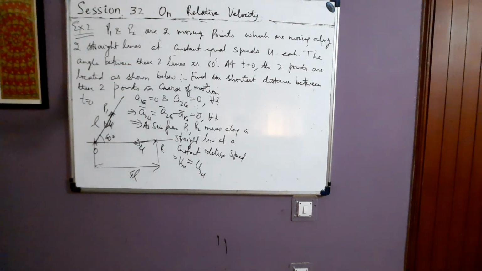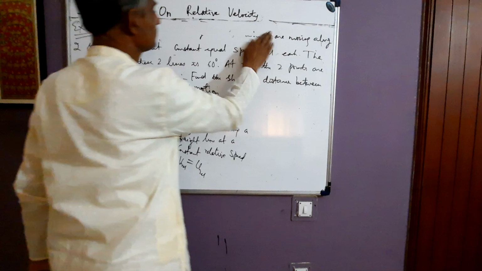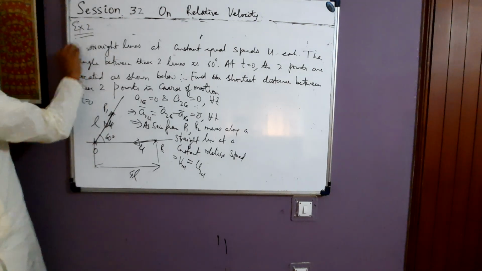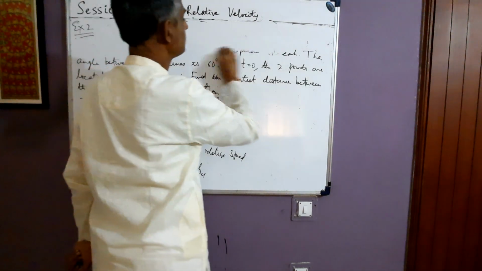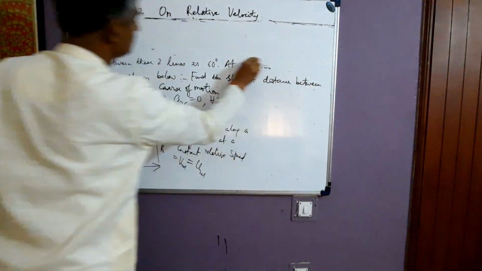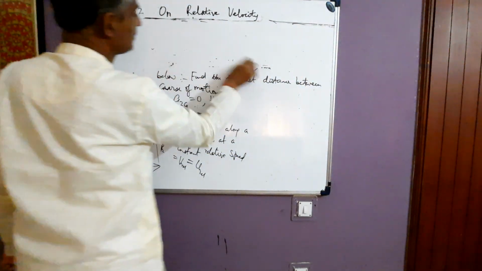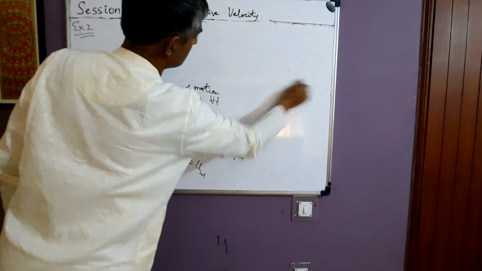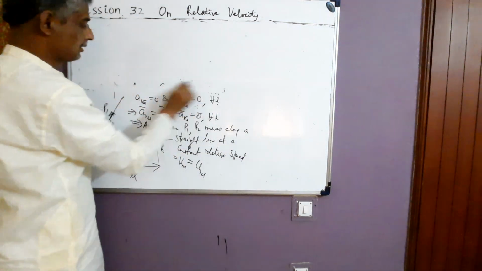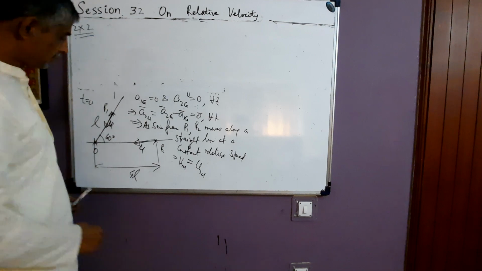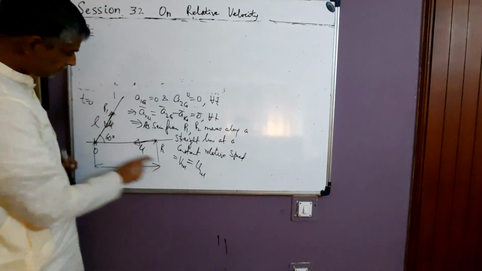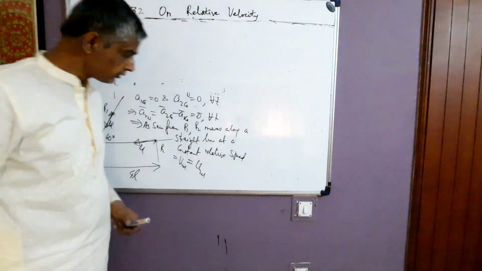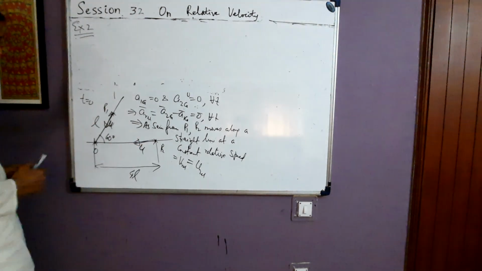The remaining I have explained fully, because as seen from P1, P2 will move along a straight line at a constant relative speed of u relative. So what we do now is find u relative.